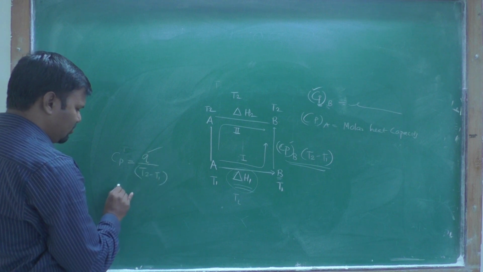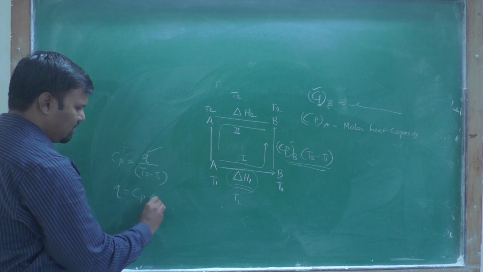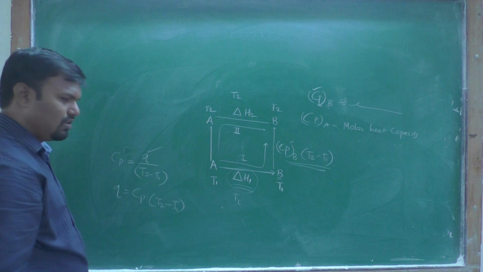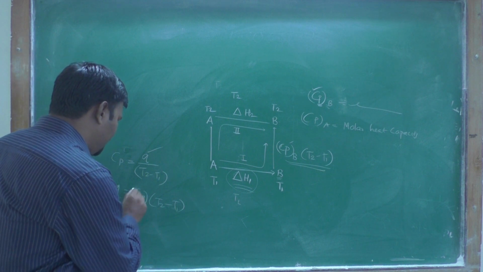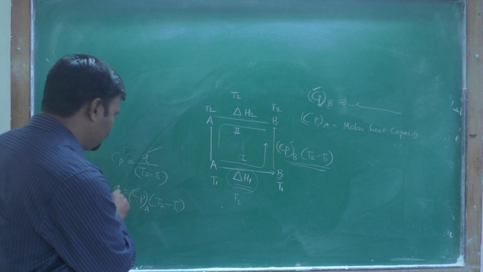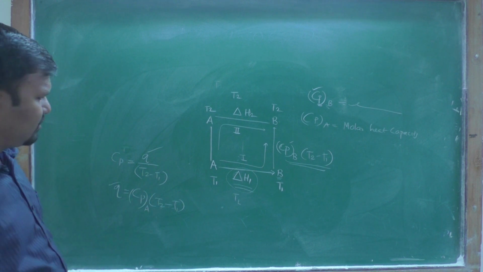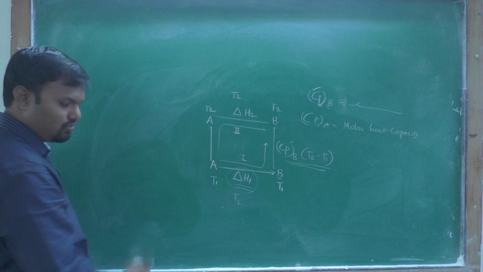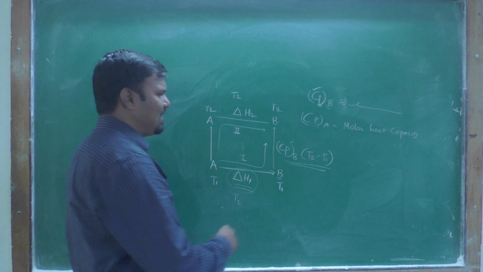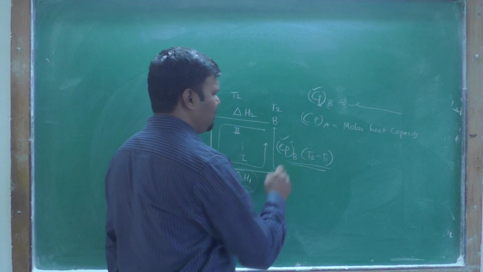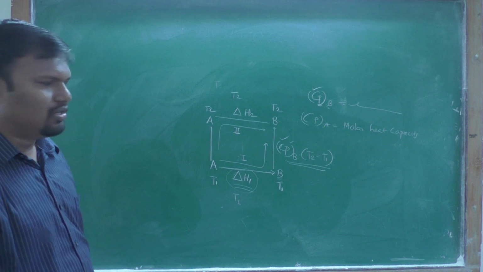Therefore, heat Q is equal to Cp times T2 minus T1. So for the reactant, the heat absorbed is Cpa times T2 minus T1, and the heat absorbed by the product is Cpb times T2 minus T1.